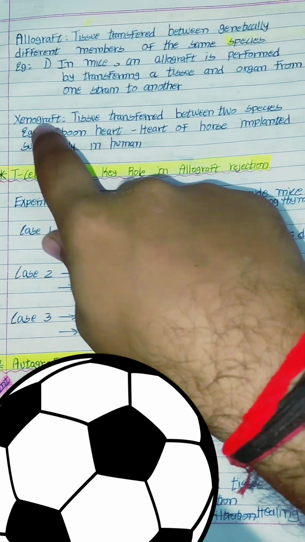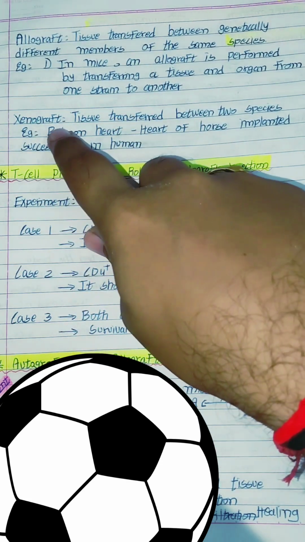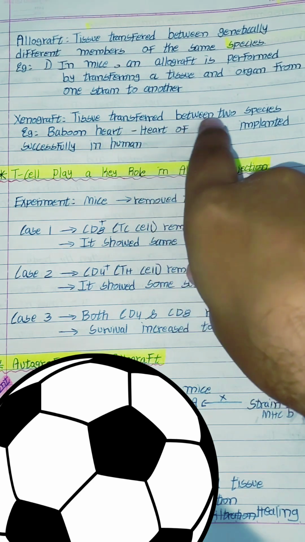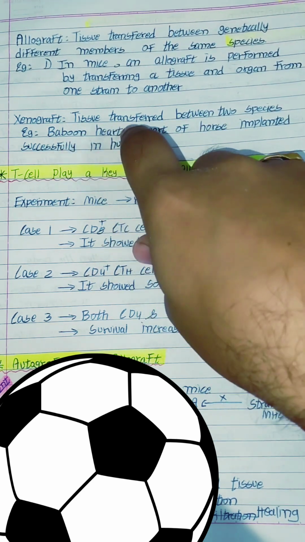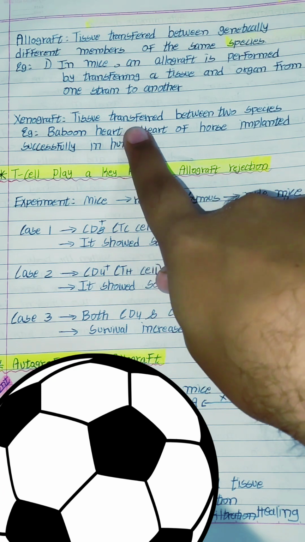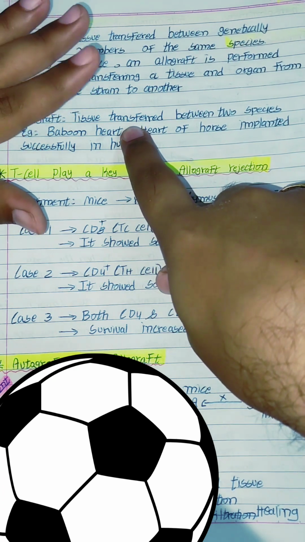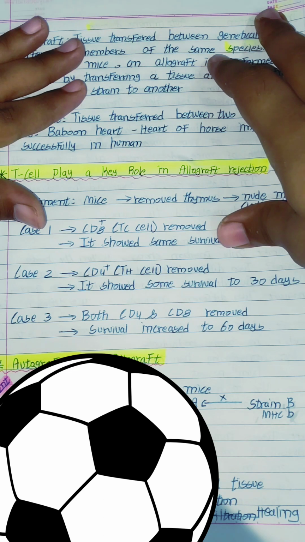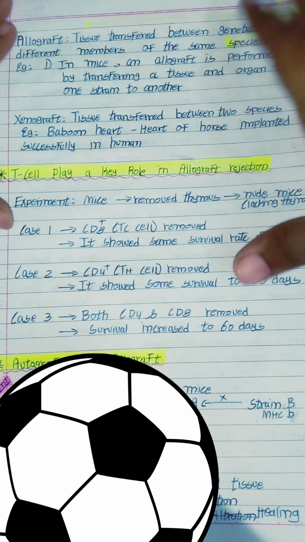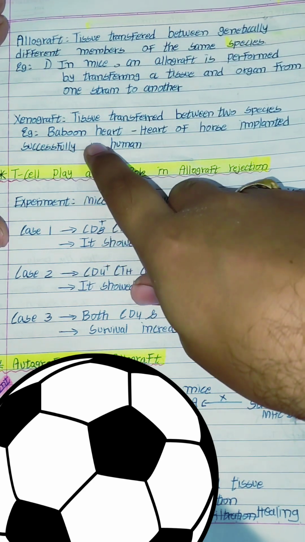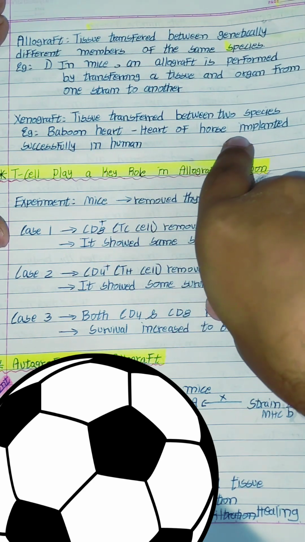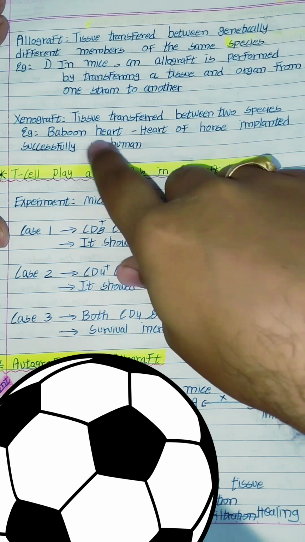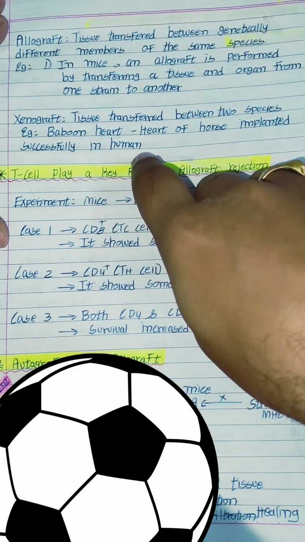Now at the last we have the xenograft. In xenograft the tissue transfer takes place between two distinct species. It can be between human and another organism, like a monkey or any other animal. An example is that a baboon heart was implanted successfully in a human.